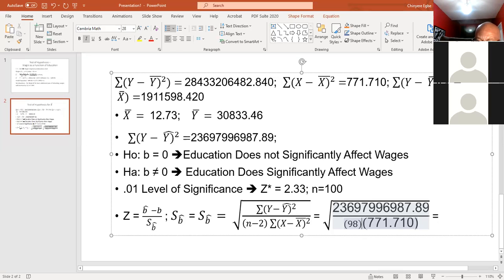I'm getting 43186.173. Well, I think we have some discrepancies here. 43186. I could start over again. I got 55.977. 2369799. Looks like we are running into some discrepancies here.